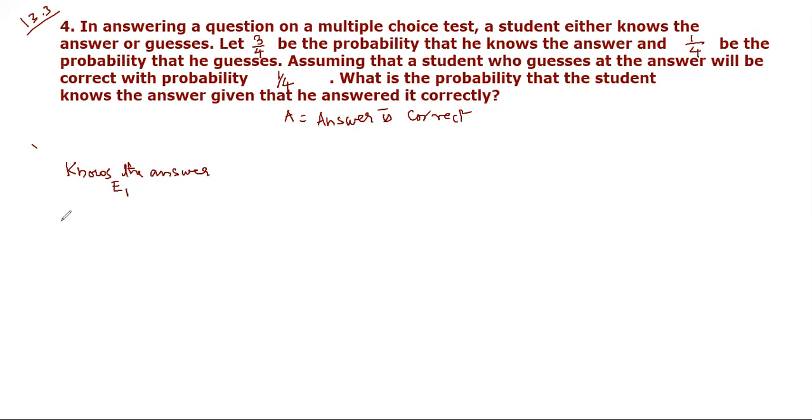He guesses the answer, denoted by E2. Then the probability that he knows the answer, P(E1), is 3 by 4.